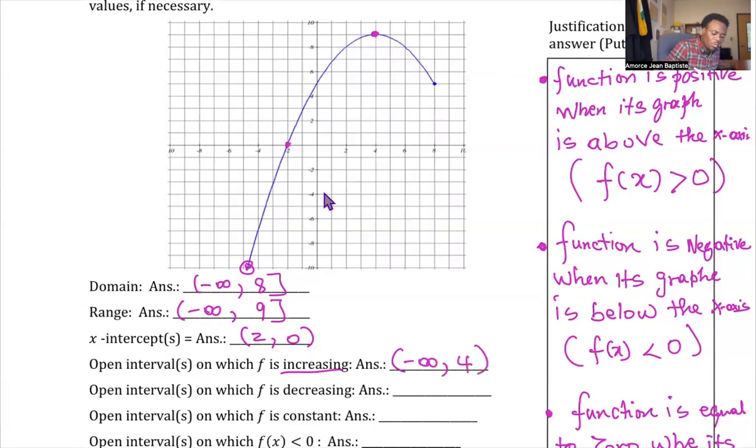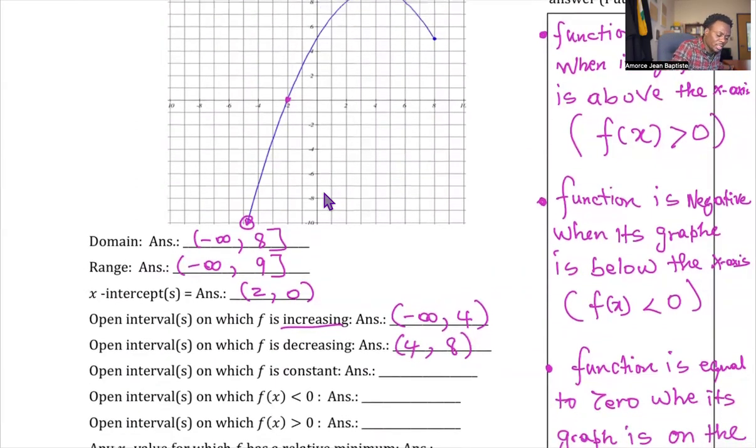So 4, and we always keep parentheses for increasing, decreasing, and constant. Now, what did it do after the turning point? After the turning point, it starts going down. So at 4, it starts going down, and it actually stops at x equals 8. And you always keep parentheses. There was no point at which this graph was constant, meaning having a zero slope. So I would say DNE for this one.